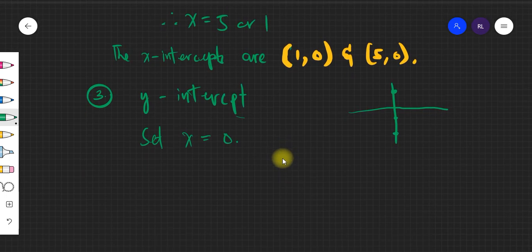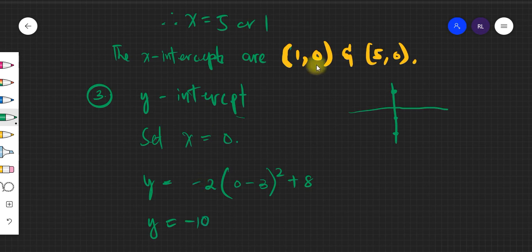So we have y equals negative 2 times the quantity, since x is 0, 0 minus 3 squared plus 8. This becomes 9, multiplied by negative 2 becomes negative 18, and plus 8 we have negative 10.